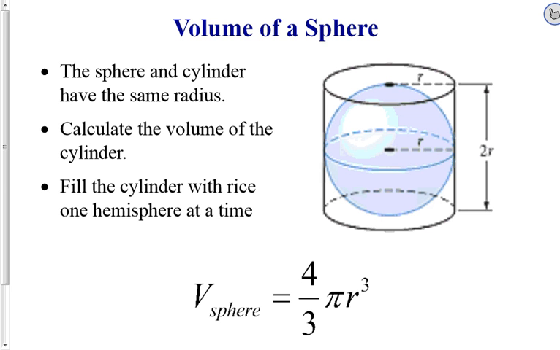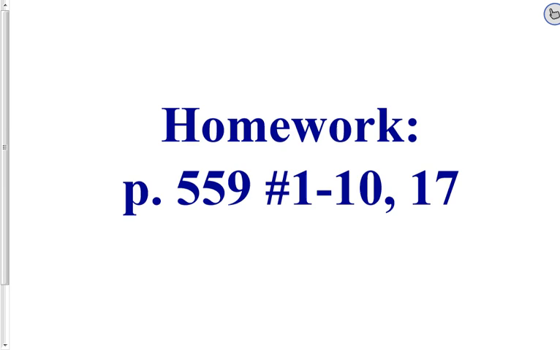Step 2 in the process is to calculate the volume of the cylinder. Well, we know the volume of a cylinder is the area of the base, pi r squared, times its height.